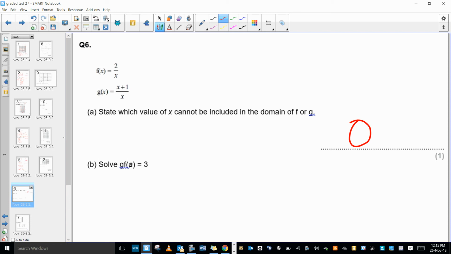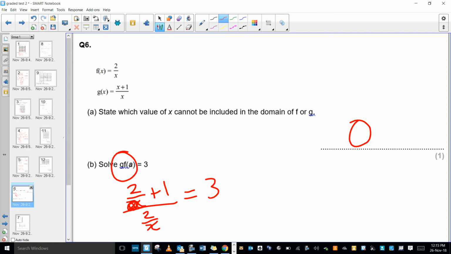So solve fg of a equals 3. All right, so this time it's a composite function. I would suggest putting them together, so f goes into g. Perhaps I should change these to a's.